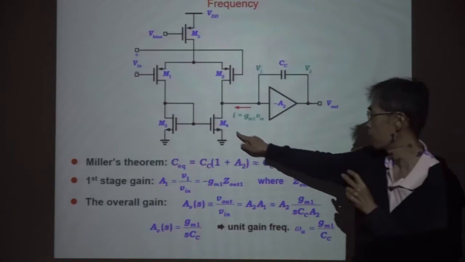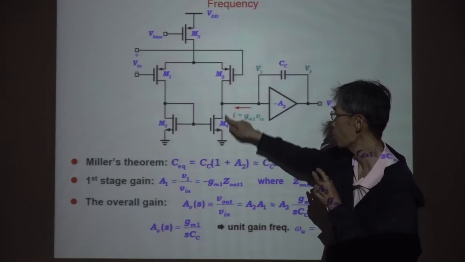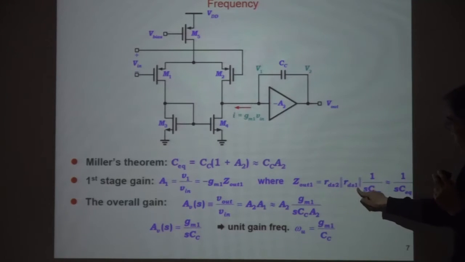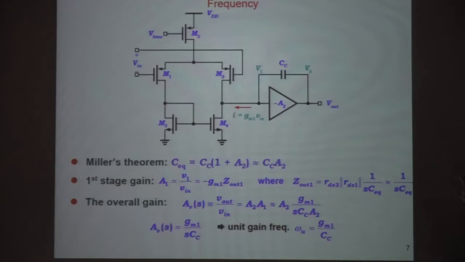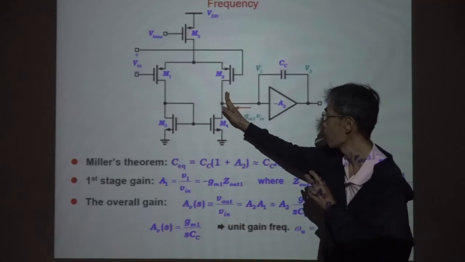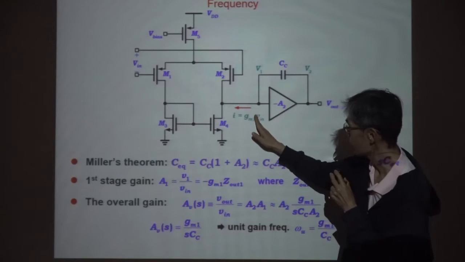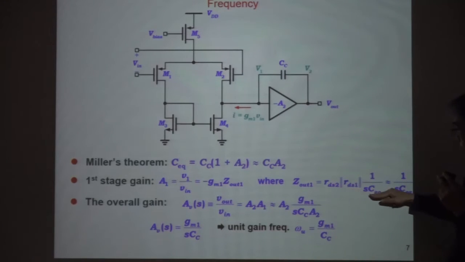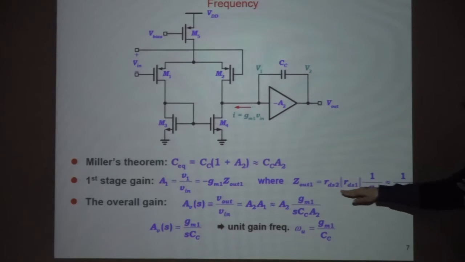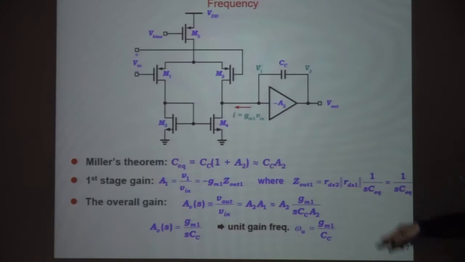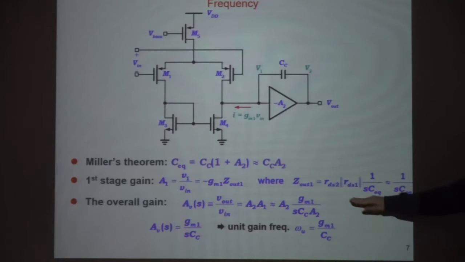So this one, you can take RDS4, RDS2, RDS4. We have this one, and the parallel capacitance. So we have these 3 in parallel. And this one is much greater than. So this one, they are in parallel. So we can take this one, just use approximation.